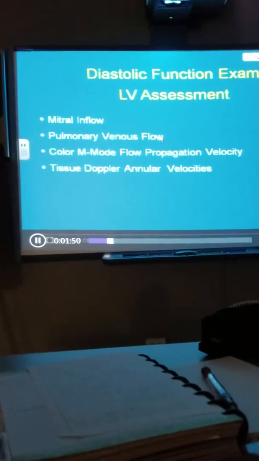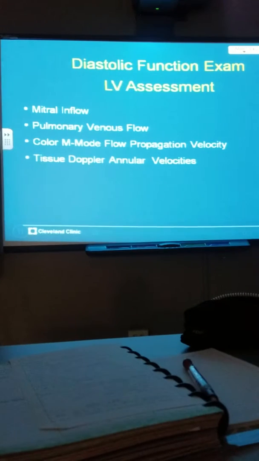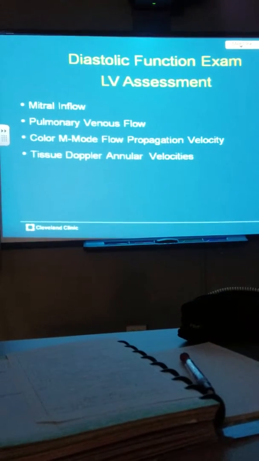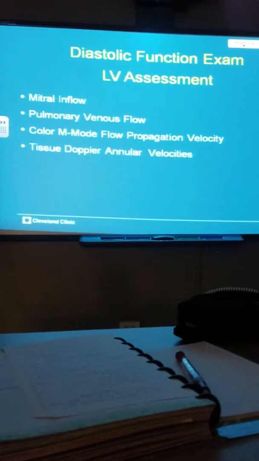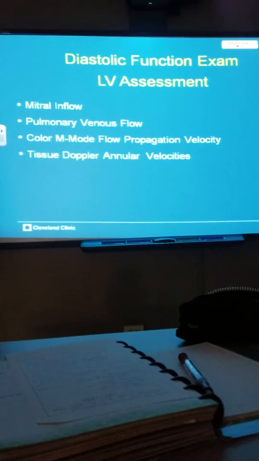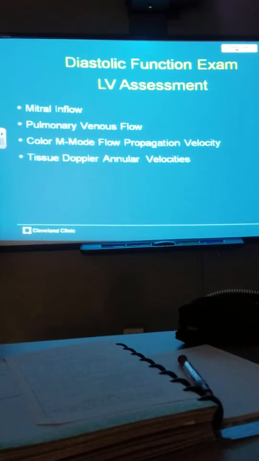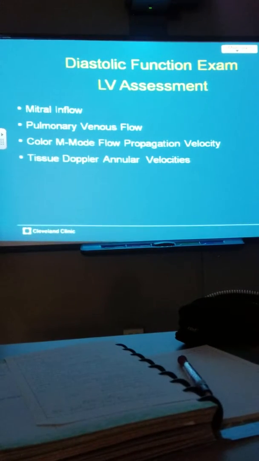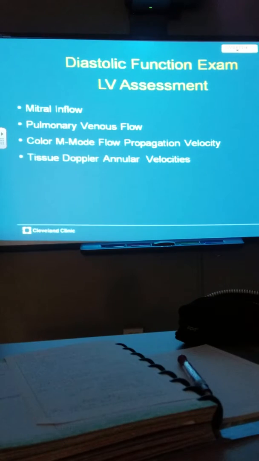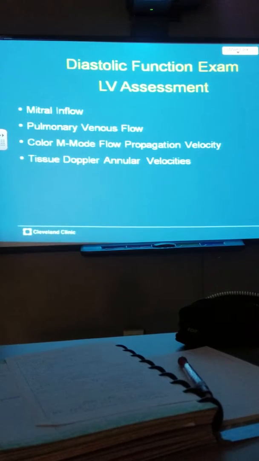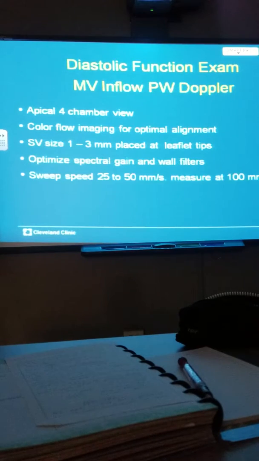So for the left ventricular assessment, you're going to be looking at mitral valve inflow, because that's going to be telling you about pressures from the atrium to the ventricle. We're also going to be looking at the pulmonary vein flow and color flow, M-mode propagation, and tissue Doppler velocities. Some of these things are going to be talked about a little bit more in depth throughout the morning.